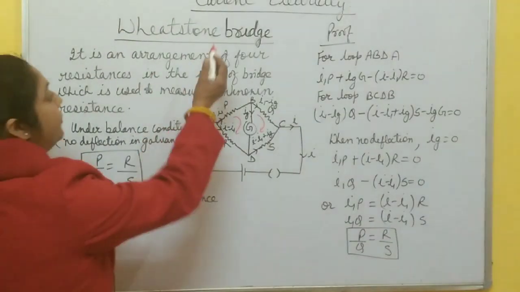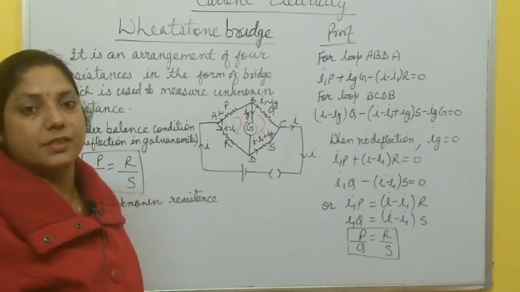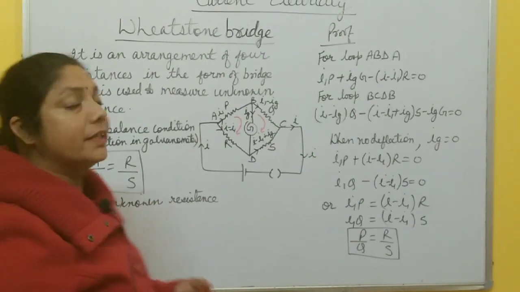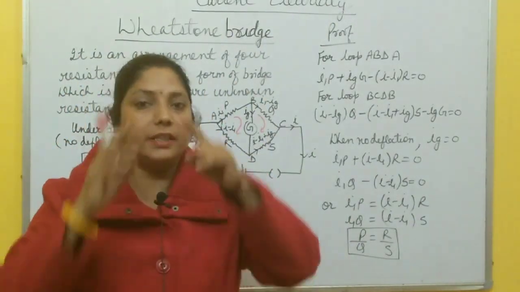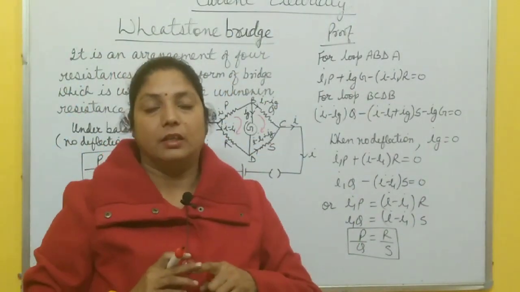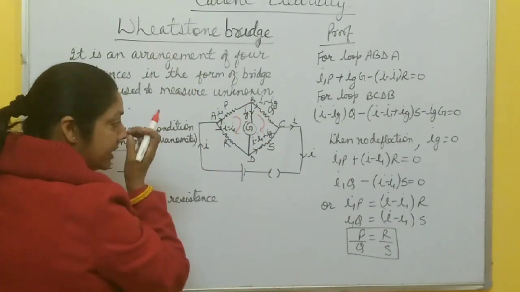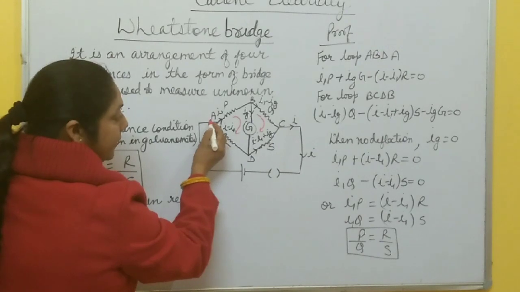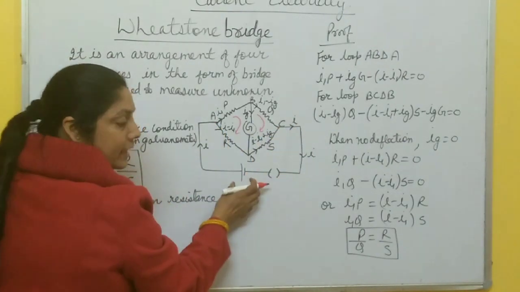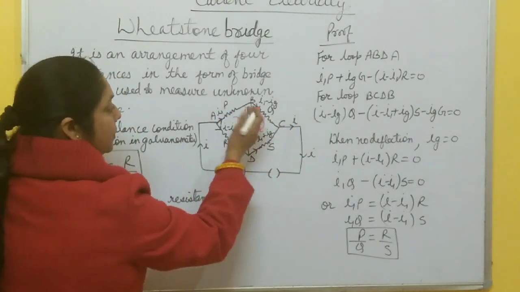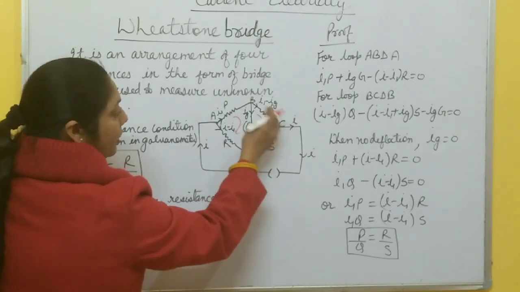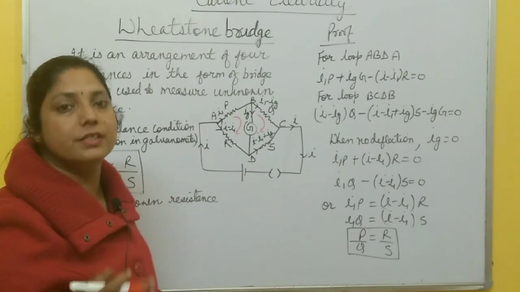Now the next one is Wheatstone bridge. What is this Wheatstone bridge? Actually it is an arrangement of 4 resistors in the form of a bridge. Along one diagonal, this B and D, a galvanometer is connected, and along another diagonal, this A and C, one cell is connected. So here suppose that out of 4 resistors, 3 resistors are known.